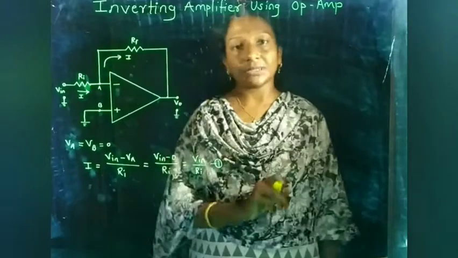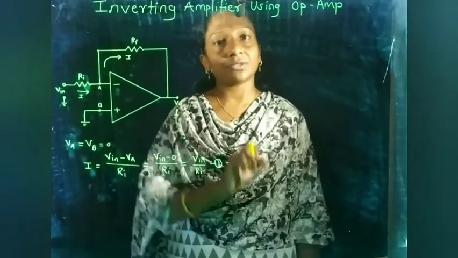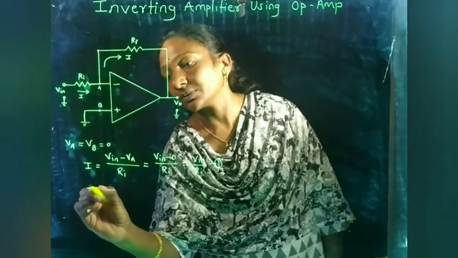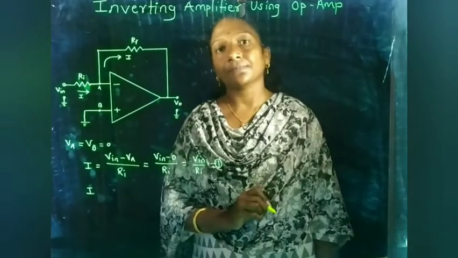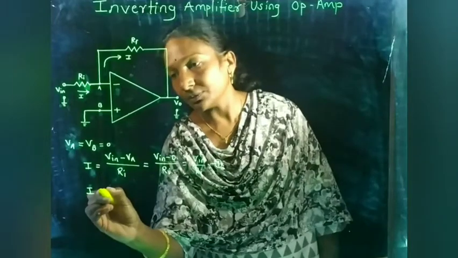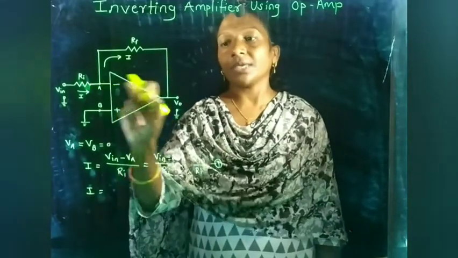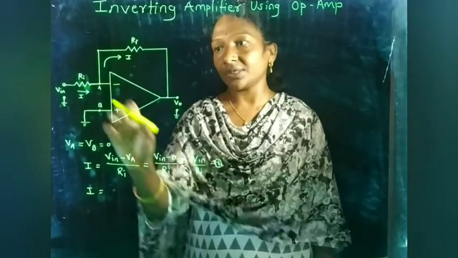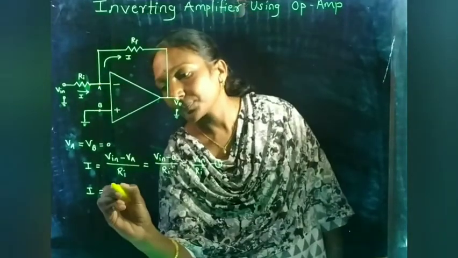Now, the same current is flowing through this resistance RF. Therefore, the current flowing through the RF resistor in the feedback loop is I equal to VA minus V0 divided by RF, since the potential difference across RF is VA minus V0.